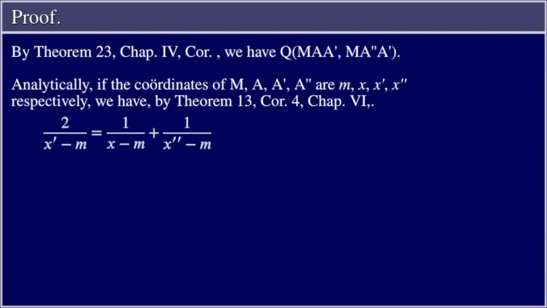Proof: by Theorem 23, Chapter 4, Corollary, we have H of MA', AA''. Analytically, if the coordinates of M, A, A', A'' are m, x, x', x'', respectively, we have, by Theorem 13, Corollary 4, Chapter 6, 2 divided by the quantity x' minus m equals 1 divided by the quantity x minus m plus 1 divided by the quantity x'' minus m.